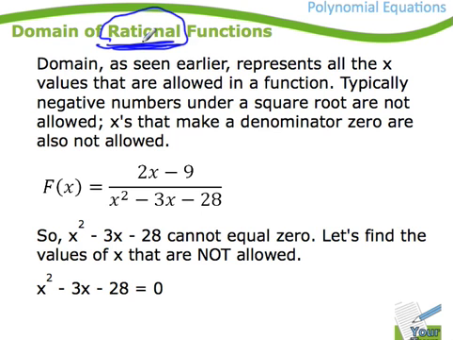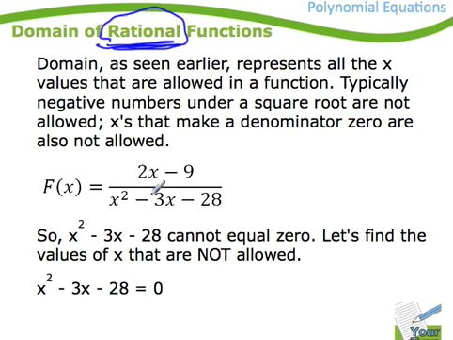So when they say the domain of a rational function, they're asking for all the possible values of x. We saw that in a module back. And we saw that if I have a 0 on the bottom, then that limits my domain. It also limits the range. Okay, so there's numbers that are not allowed to work in that particular function.